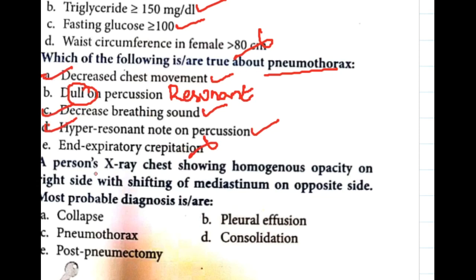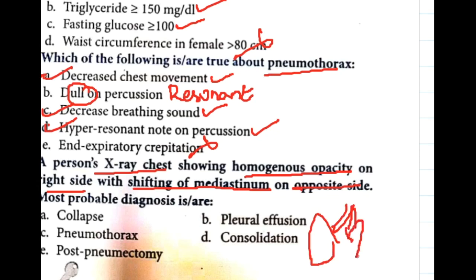A person's chest X-ray shows homogeneous opacity on the right side with shifting of the mediastinum to the opposite side. What is the diagnosis? See, the mediastinum is shifted to the opposite side like this, and there is an opacity on the right side. So this is homogeneous opacity with shift to the left.